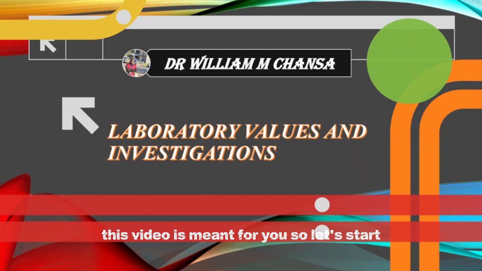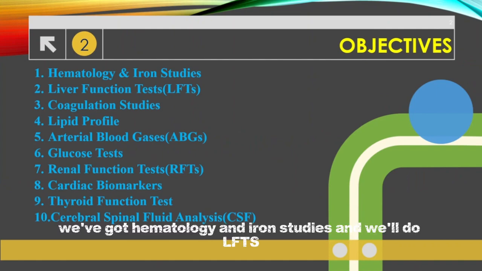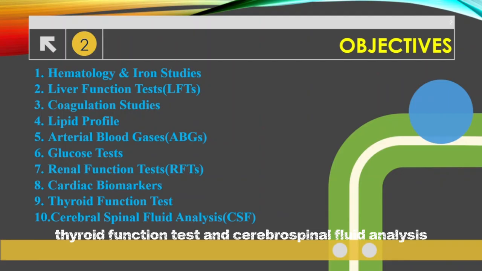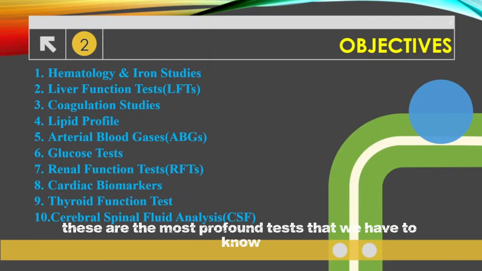So let's start. Our main objectives of this discussion are the following. Number one, we've got hematology and iron studies, and we'll do LFTs, coagulation studies, lipid profile, arterial blood gases, glucose tests, renal function tests, cardiac biomarkers, thyroid function tests, and cerebrospinal fluid analysis. These are the most profound tests that we have to know.